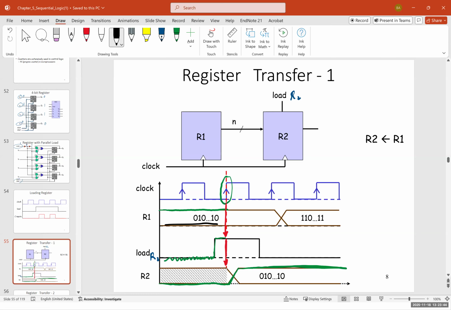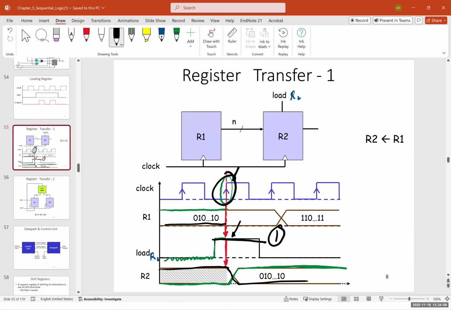If it was 0, then this would be 1 and then 0, for example. So the important point is that the output of R2 would not change unless the load is 1 and the clock allows it to operate and change status.